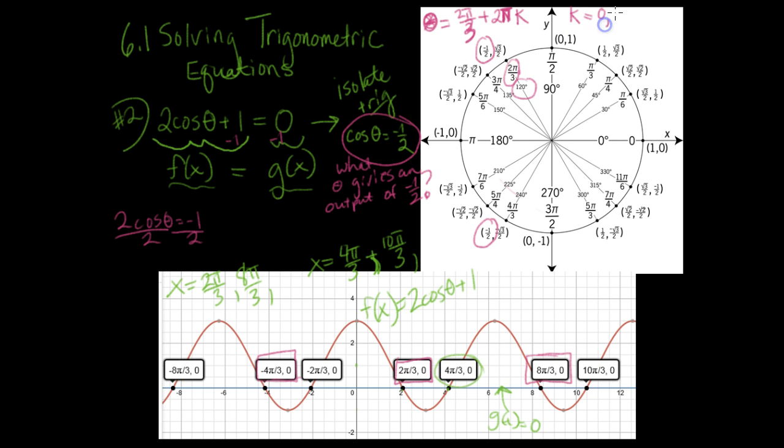So that you can put 0, plus or minus 1, plus or minus 2, and we don't have to write this each time, but it makes sense. If k is equal to 0, then you have 2 pi over 3. If k is equal to 1, you are adding 2 pi, and that brings you to the 8 pi over 3.